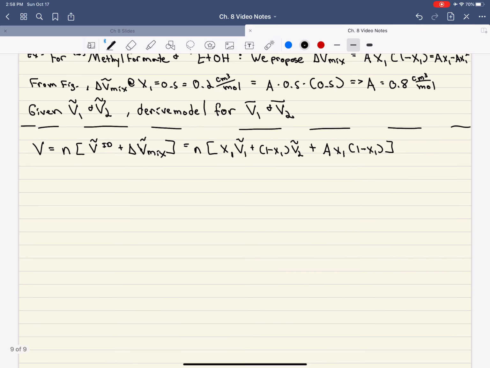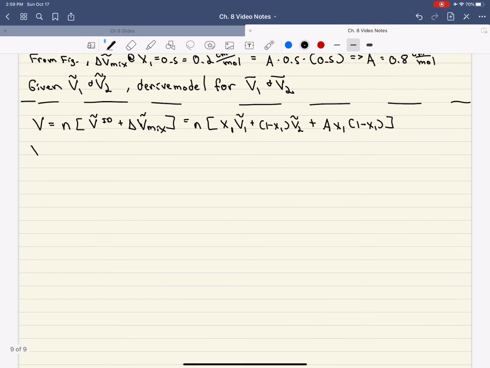We can multiply across the N here into all of the mole fractions. So V is now going to be equal to N1 V1 tilde plus N2 V2 tilde plus A N1. And since we only had one of these moles, I'm going to multiply by the x1 here.